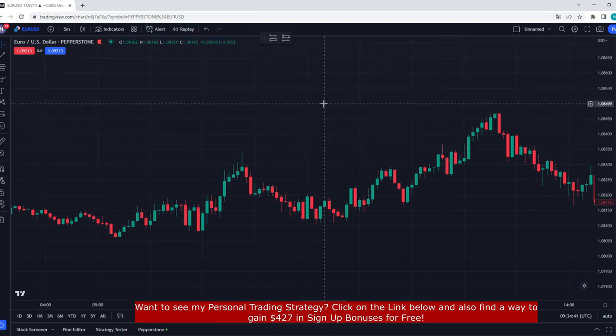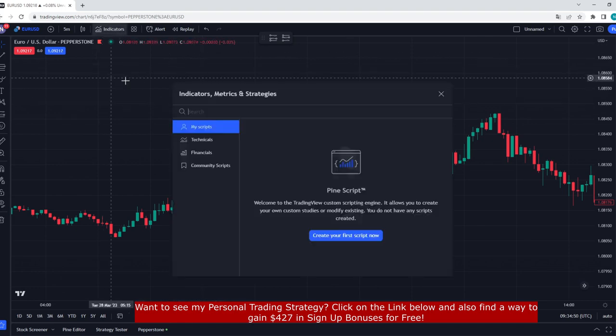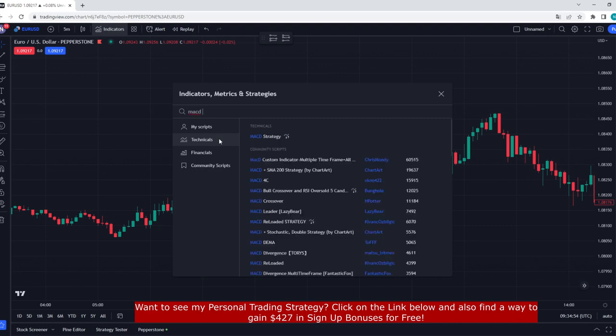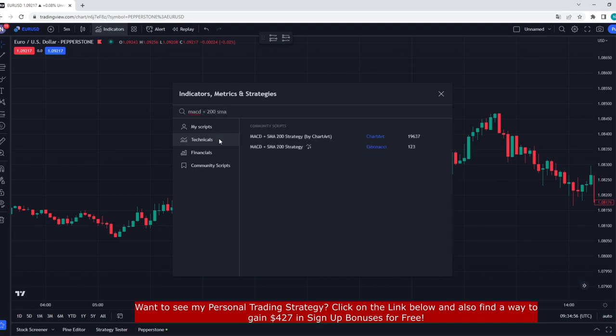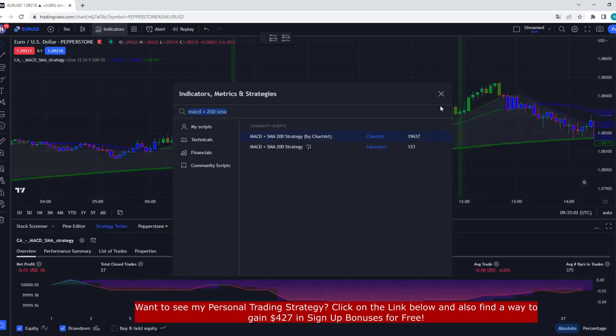As already said, we will need two indicators today for the setup, which are totally free. So let's start with loading them in. For this, first click on the Indicators tab, and the first indicator is called MACD plus 200 SMA strategy by ChartArt. So click on it and load it in.